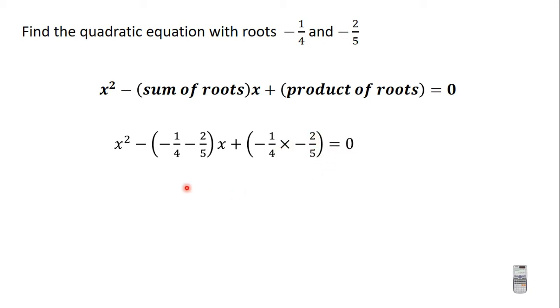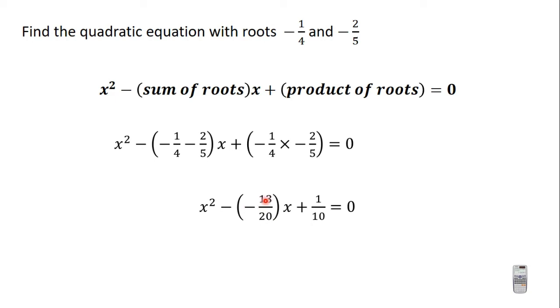and this is equal to 0. Our equation will become x squared minus, 1 divided by 4 minus 2 divided by 5 will give us minus 13 divided by 20. You can do this on your calculator: minus 1 divided by 4 minus 2 divided by 5. That will give us minus 13 divided by 20.